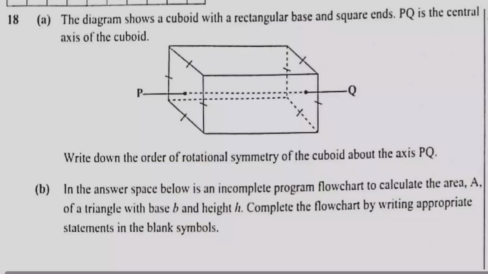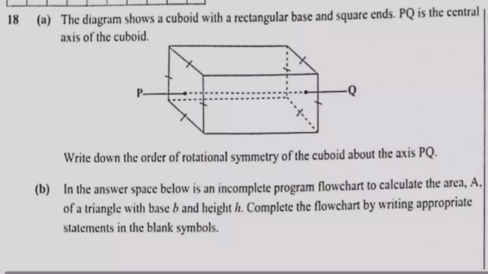Okay, so to find the order of rotational symmetry of the cuboid about the axis PQ, we need to consider how many times the cuboid maps onto itself during a full 360 degree rotation around that axis. The most important thing we should observe is that the cuboid has got square ends, meaning rotating it around the axis PQ, which runs through the center of the square faces, will produce symmetrical positions.